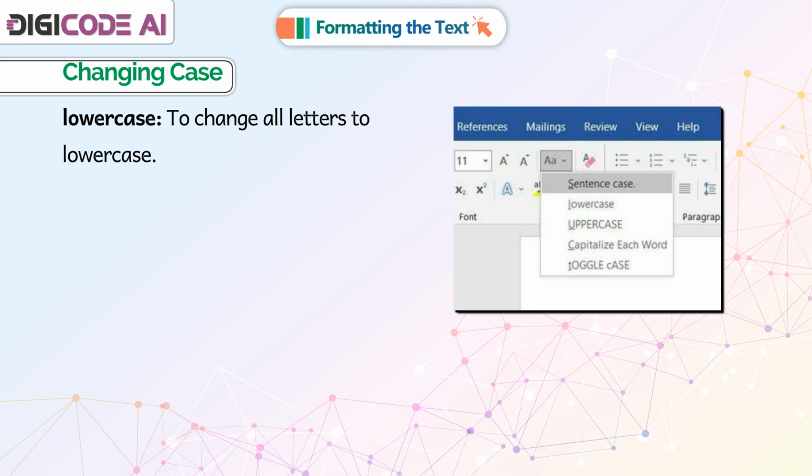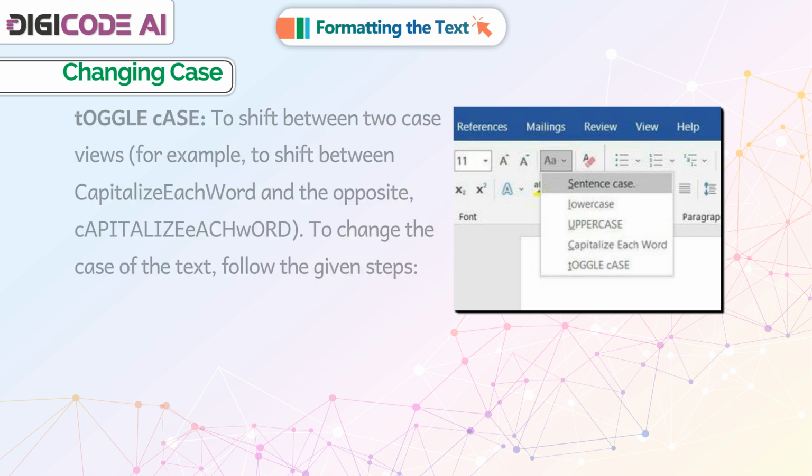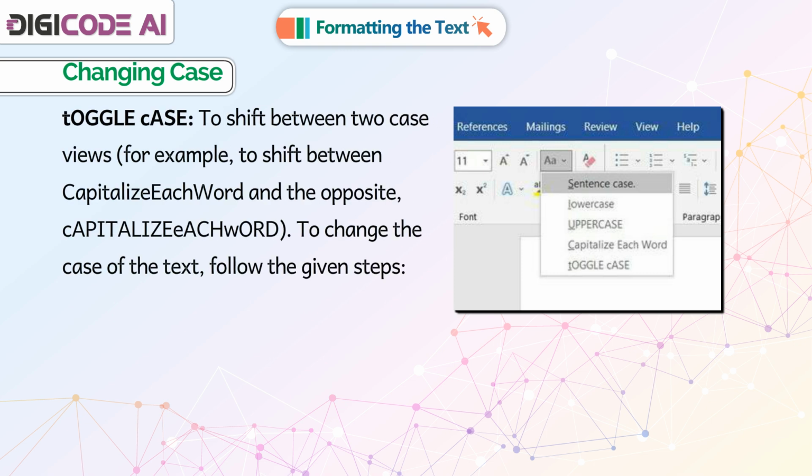Lowercase, to change all letters to lowercase. Uppercase, to capitalize all of the letters. Capitalize each word, to capitalize the first letter of each word and leave the other letters in lowercase. Toggle case, to shift between 2 case views. For example, to shift between capitalize each word and the opposite, capitalize each word.